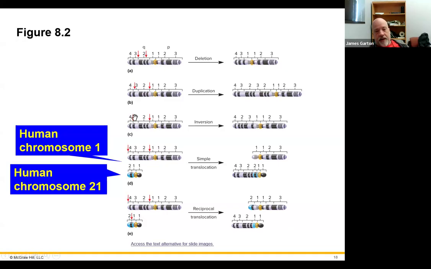That region between the red arrows is backwards. And here's a simple translocation. This region, again, between the two red arrows, is now stuck over here. And here is reciprocal. These two chromosomes have exchanged pieces of DNA.